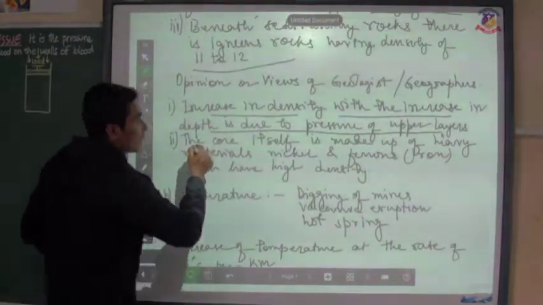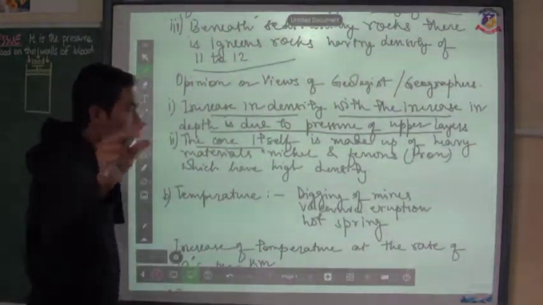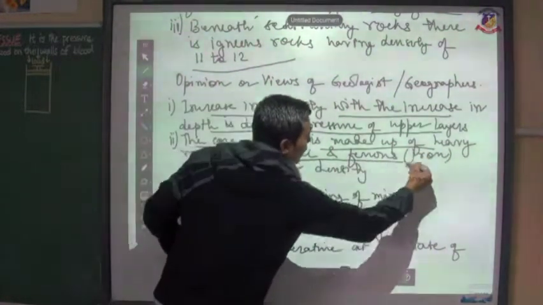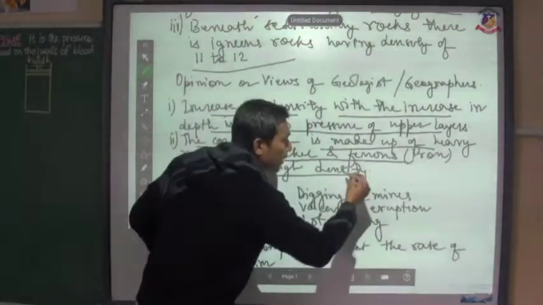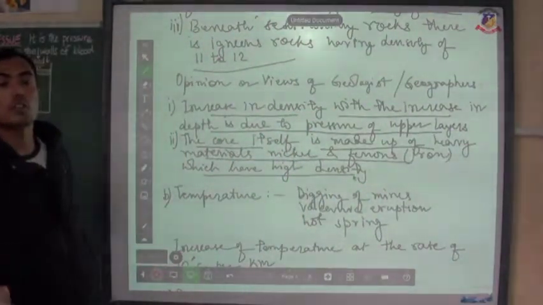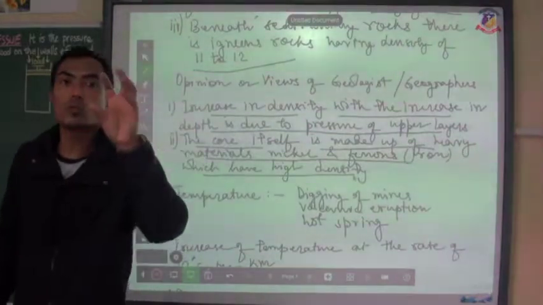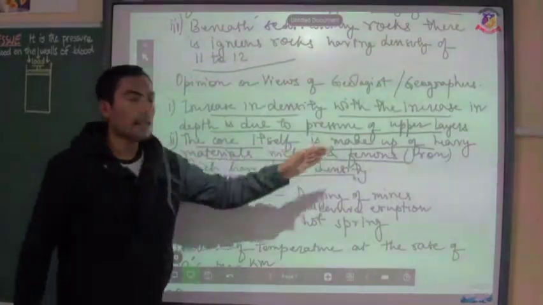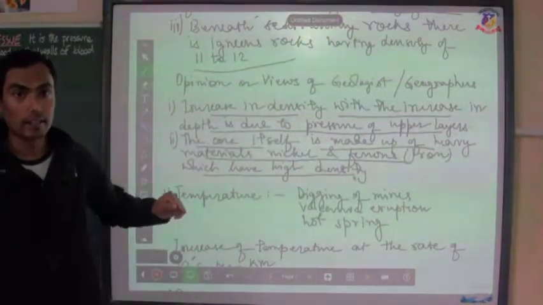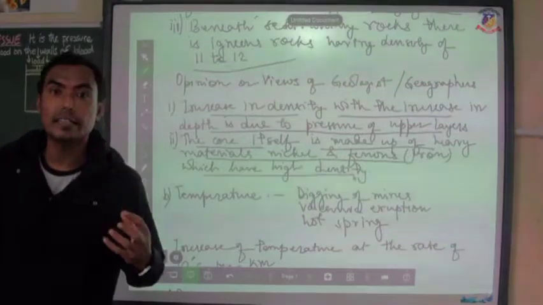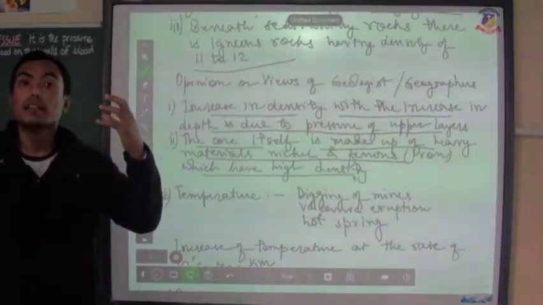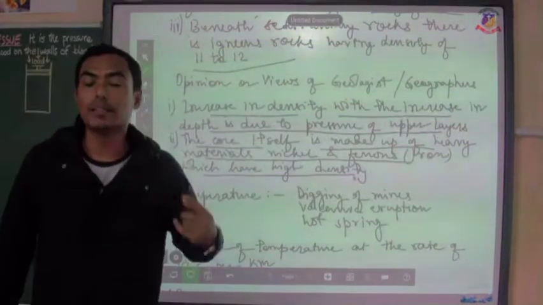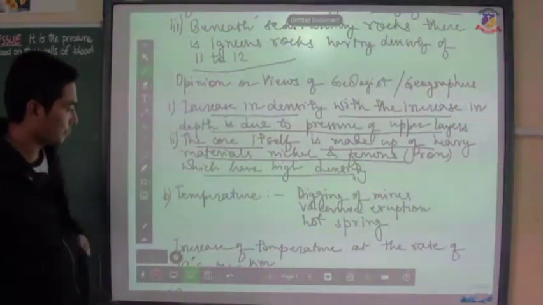Second point, the core, meaning the center of the earth, is made up of heavy materials, that is nickel and ferrous, which have higher density. The geologists have said that the earth's core is made up of heavier metals like nickel and ferrous. Ferrous means iron. As these metals are heavier in nature, at the core of the earth the density is the highest compared with the earth's crust.